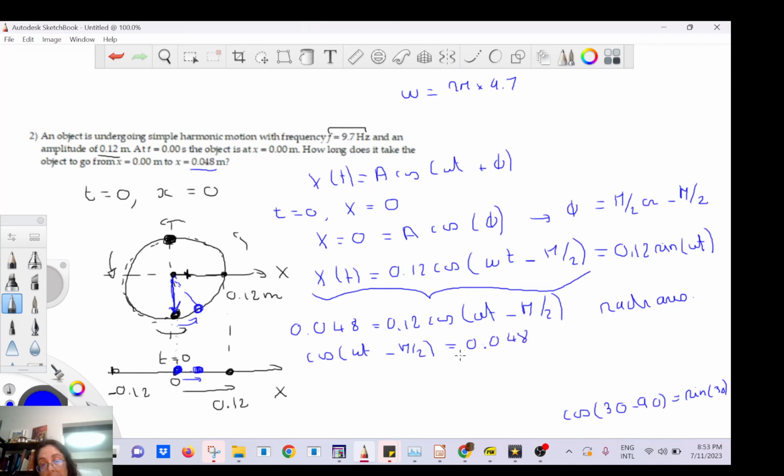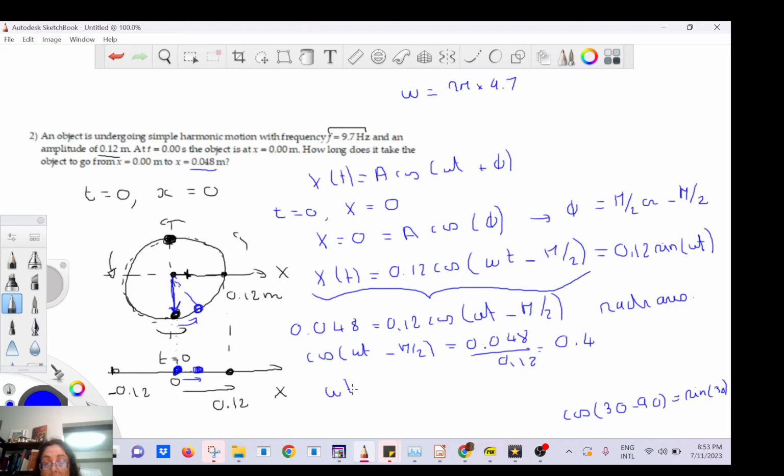equals 0.048 divided by 0.12. Then I think you get 0.4. This has no unit. So then you take your calculator and you switch to radians.